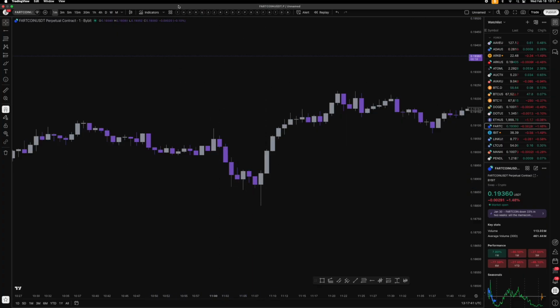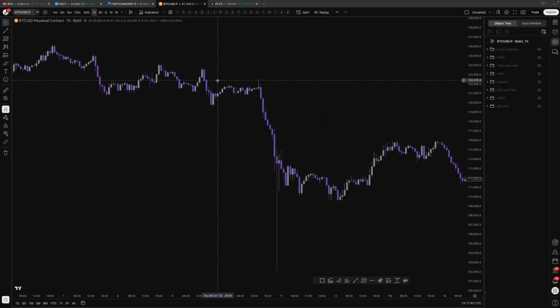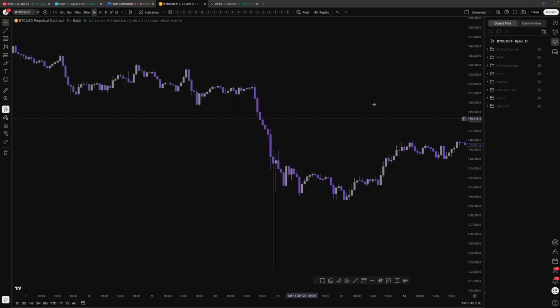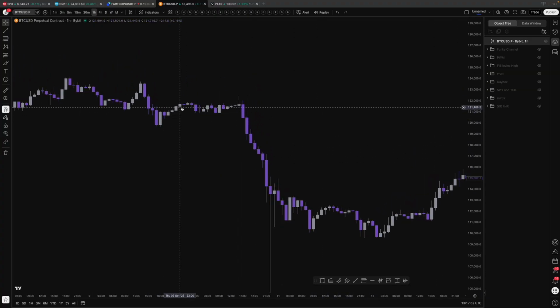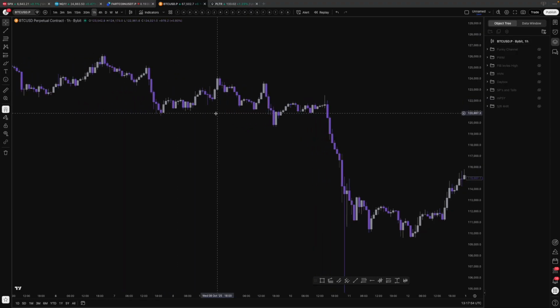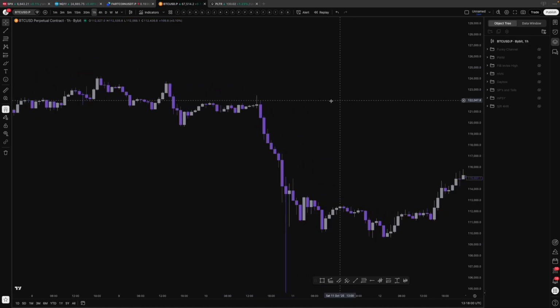All right, we move on to Bitcoin here, and we can see a really nice example of we're in a range, but we are trending downwards. We get a pullback, and then you have this big wick candle, a nice pin bar. It pushes back down. Now this is a bullish candle, so you might think, okay, higher high, higher low.